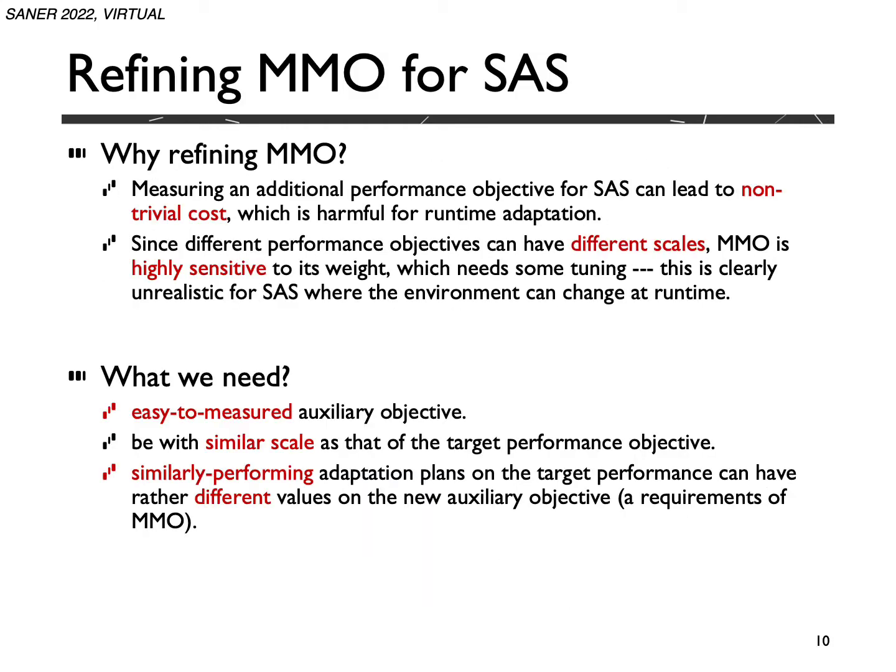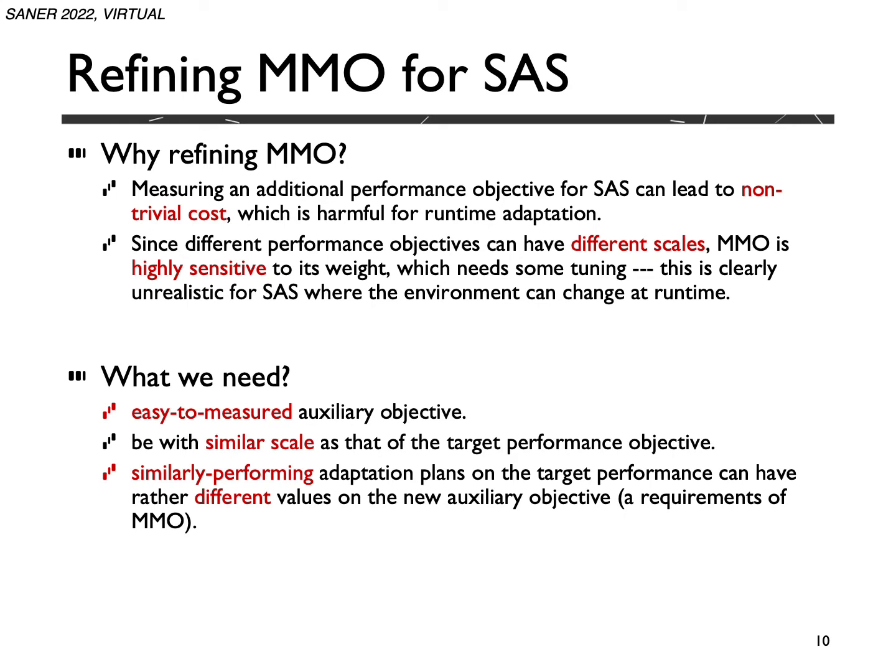But we cannot directly apply MMO to our context because in the original model, it needs an additional measure of an additional performance objective, which could be harmful for runtime adaptations. Also, because different performance objectives could have different scales, that makes MMO very sensitive to the weights. And usually it needs some pre-tuning, but that is not possible for our SAS adaptation problems.